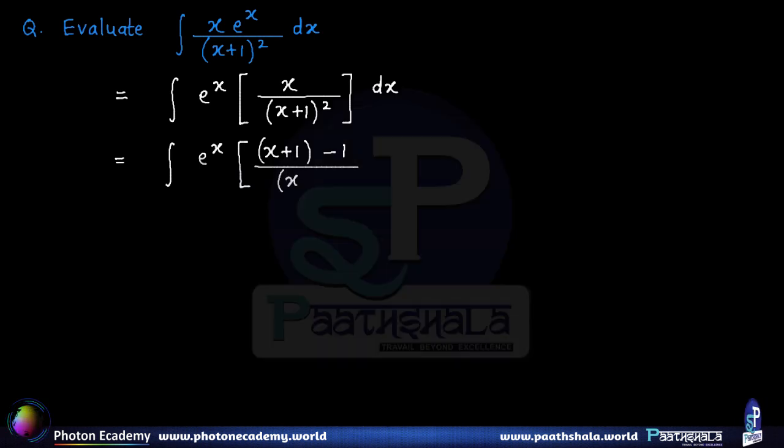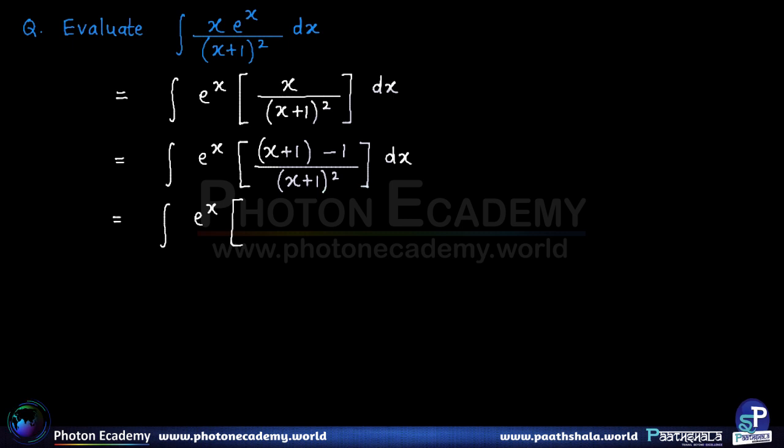So writing denominator as it is, that is x plus 1 the whole square, now see what happens if we split the two terms inside the bracket. The first term is x plus 1 upon x plus 1 the whole square. So cancelling x plus 1, we are left with just 1 upon x plus 1 minus 1 upon x plus 1 the whole square, with respect to x.